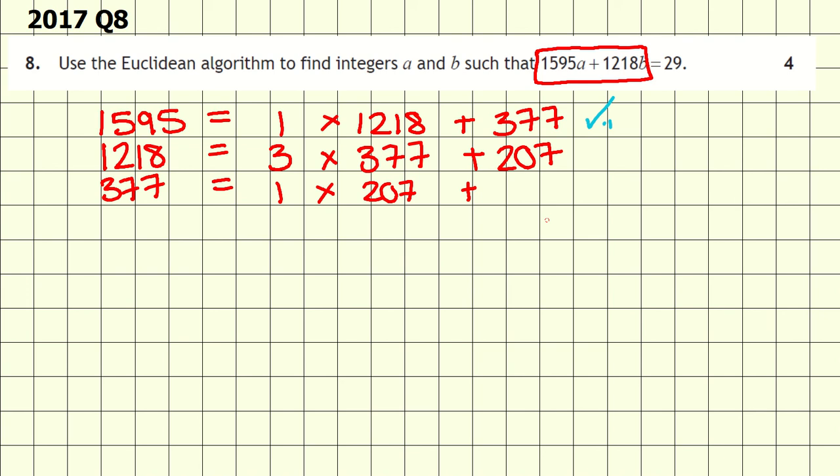Just realised I made a mistake there. That's not 207. It's 87. Oops, sorry guys. I must have just typed that in my calculator wrong.